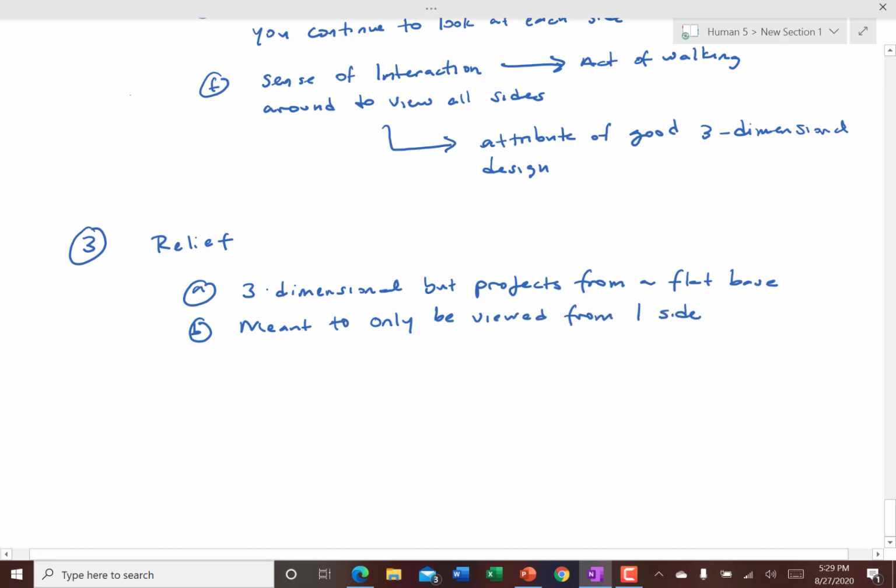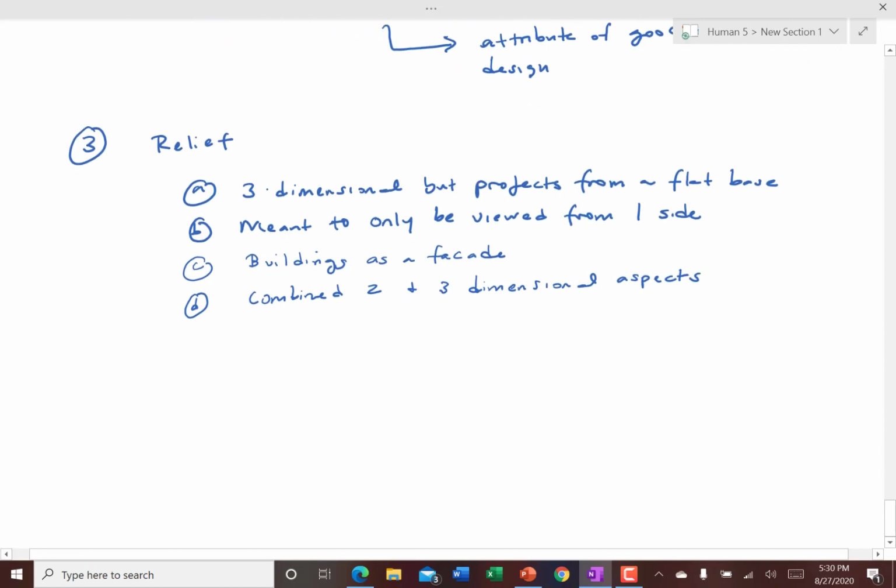You usually see these most often on buildings as a facade, especially in Greek and Roman architecture, where they have lots and lots of reliefs around the temples and other things like that. And it can combine two- and three-dimensional aspects, especially depending on whether you have high relief or bas relief.